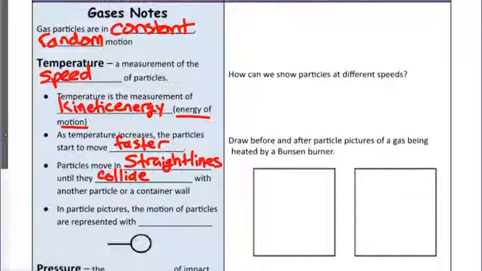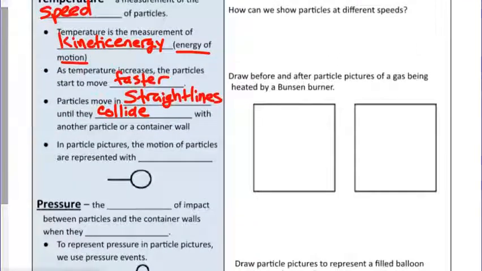And we learned this last unit when we had to illustrate solids, liquids, and gases in particle pictures, but we need to remember that for all of these particles, we're going to draw them with the famous whooshie, right? That little tail helps us to illustrate that the particles are in motion and that they're flying in that particular intended direction throughout the container, right?